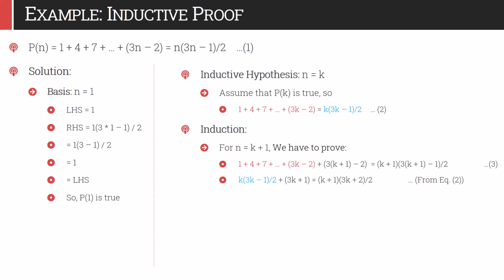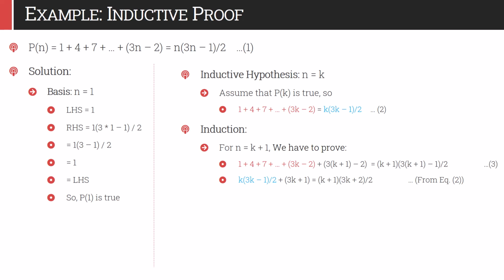On right hand side we are just simplifying it. It would be (k+1), then multiplying 3 inside, 3k + 3 - 1. So ultimately that is 3k + 2, divided by 2. In the left hand side, the first part is divided by 2, but the second one is not.